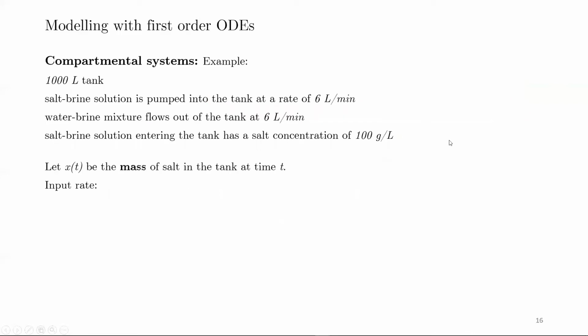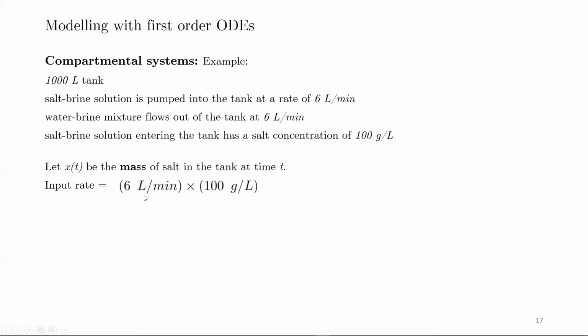So again, as I said, x of t is the mass of salt in the tank at time t. The input rate of salt, okay, well, we are pumping in 6 liters of fluid per minute. It was per minute, wasn't it? Yes, good. And we know that fluid we're pumping in, that salt brine solution, has a concentration of 100 grams per liter.